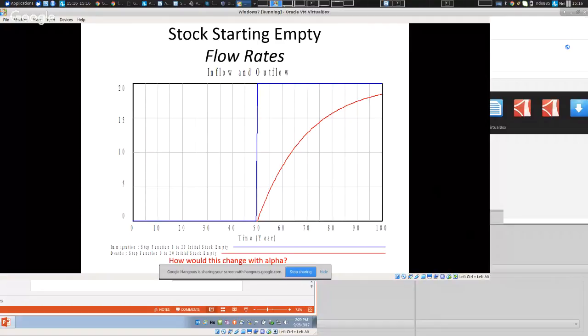And if we were to deal, well, let me ask this. How would this change if you were to change alpha? Let's suppose alpha is really, really long. How would this change?